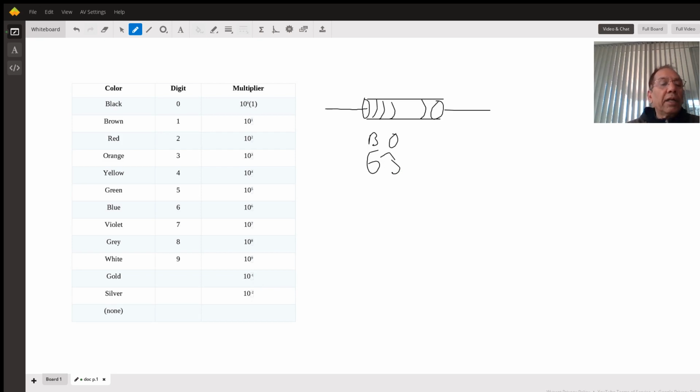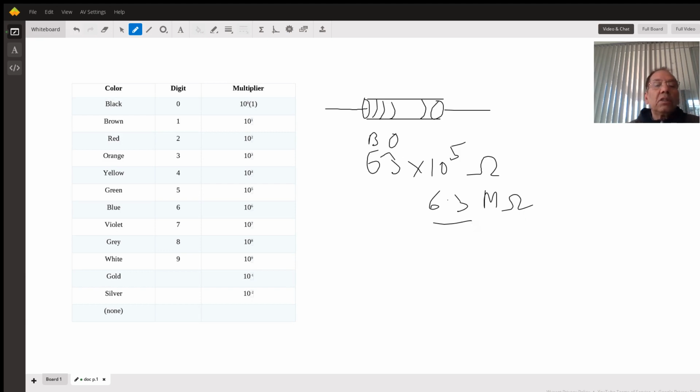If the third line is green, the multiplier is 10 to the power 5. So the resistance would be 63 times 10 to the power 5 ohm, or 6.3 mega ohm, or 6.3 times 10 to the power 6 ohms. This is the multiplier which is used to find the exact value of the resistance.